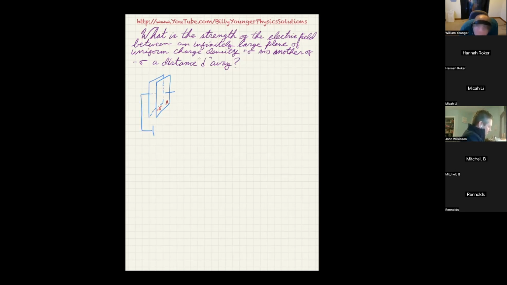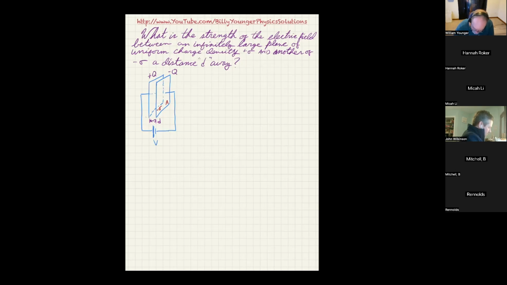And in fact, you could imagine a battery of voltage V establishing a voltage difference between the plates. And what's ultimately going to happen is this left plate will have a charge of plus Q, and this right plate will have a charge of negative Q, and this distance right here is just plain D. Okay? So what I've got to do is figure out what is the electric field strength between them.